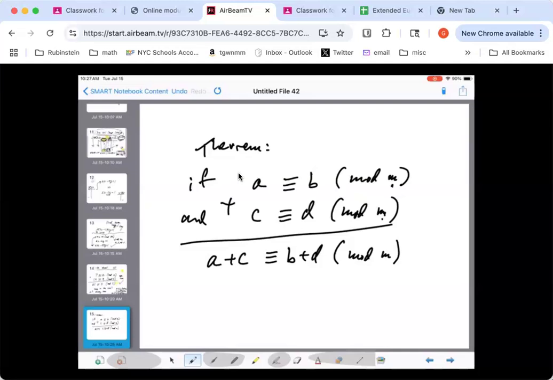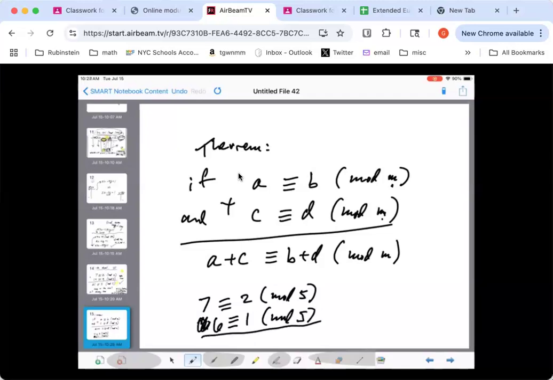That thing is actually a little hard to prove. I'm actually not going to prove it. I'm just going to do it informally. You know, imagine 7 divided by 5 is remainder 2, but 6 is 1 mod 5.